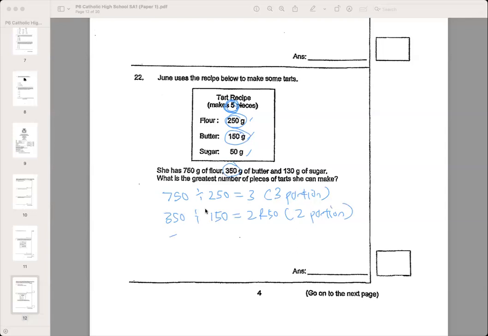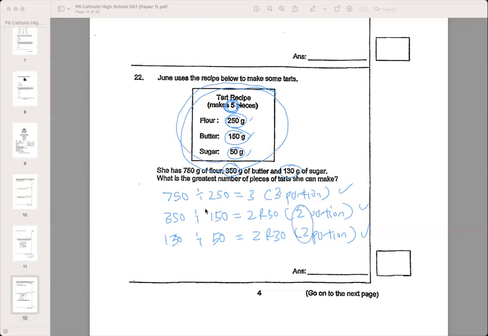Sugar, she has 130 grams. And how many portions of 50 can she get from 130? We get 2 portions, remainder 30. So it's 2 portions. So you look at what she has in terms of portions, the minimum, or the maximum portions available to make this recipe is 2.